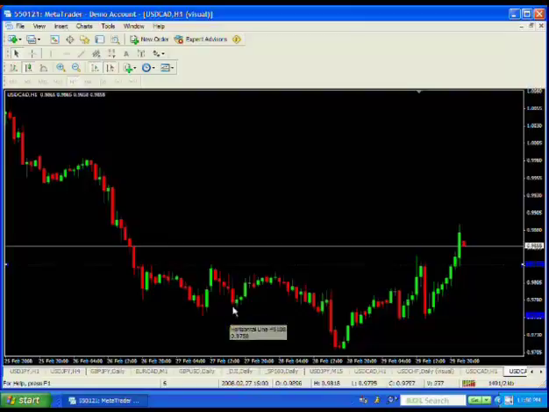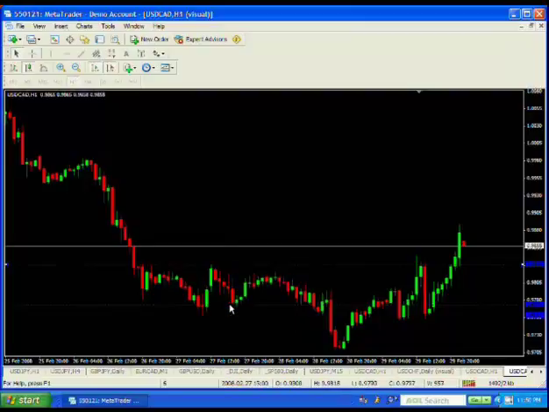What happens? We have a green bar here. We're on the way down. Once that green bar appears, bam, at the low of the red bar, we have a new dynamic support level here. This is still resistance.